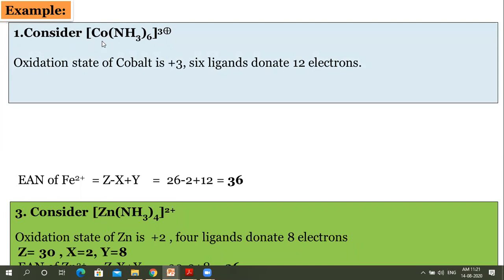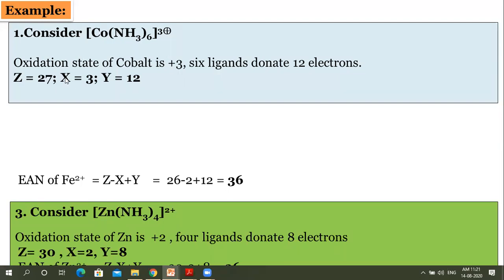Consider this example: [Co(NH3)6] 3 plus. So see, in this example, the oxidation state of cobalt is +3. Why is it +3? Because 6 into 0, NH3 is a neutral ligand. And 6 ligands donate 12 electrons. See, 6 ammonia ligands are there. So the value of Z is 27, the atomic number of cobalt.